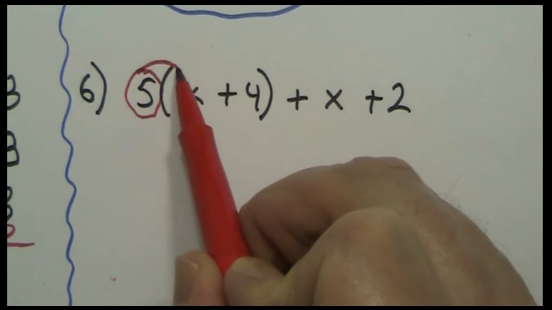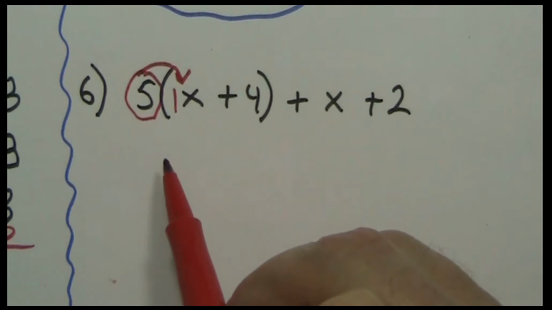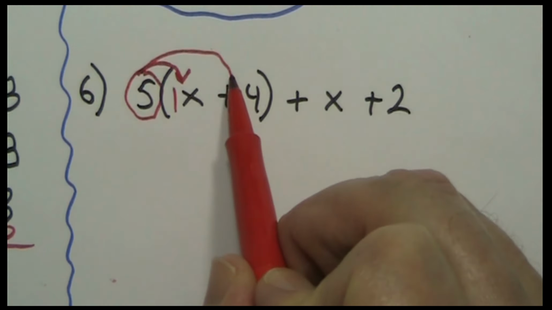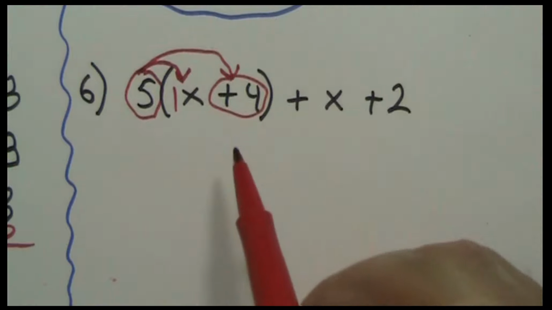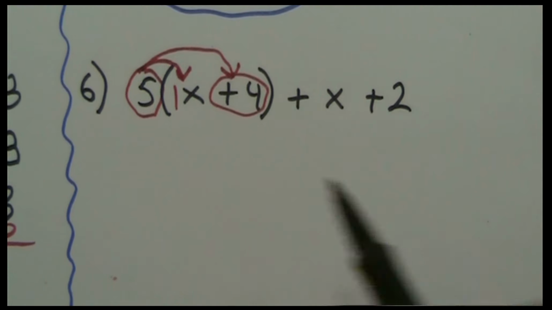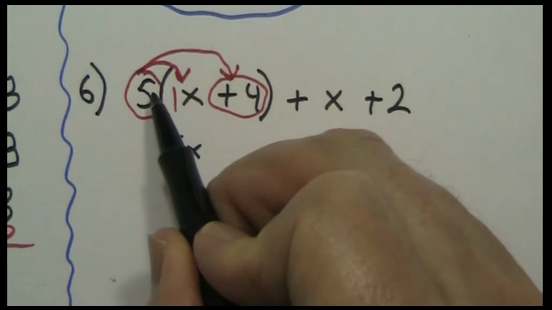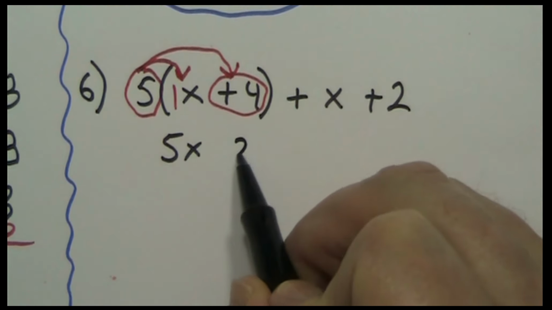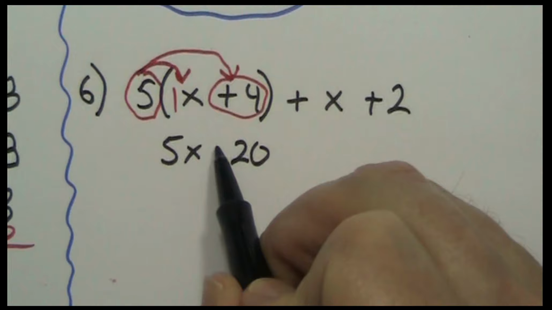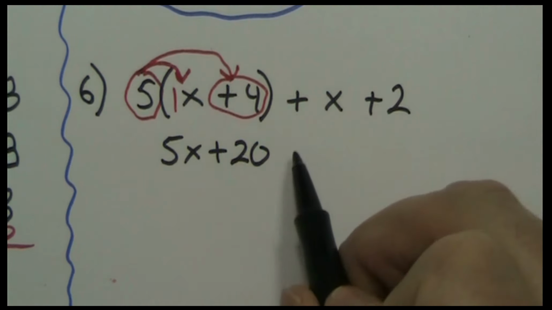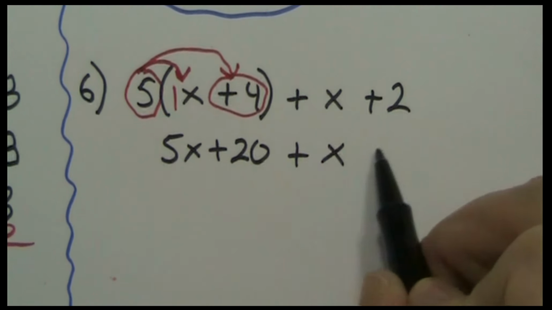The outside times each one inside, that's the invisible 1. And then 5 times 4. Okay, so let's see. 5 times 1 is 5. 5 times 4 is 20. And see, they're both positive, so it's just positive 20. I'll bring the rest down.